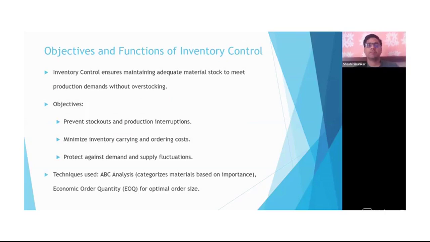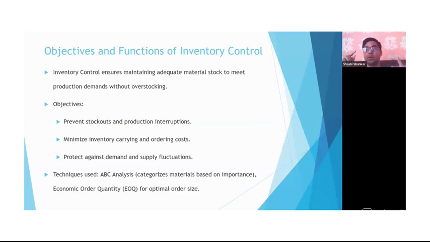Now moving to the next, that is the objectives and functions of inventory control. What is inventory control? Inventory control ensures maintaining adequate material stock. As I mentioned, there should not be a pile up of raw materials. On the other hand, production should not be hampered just because material is not available.